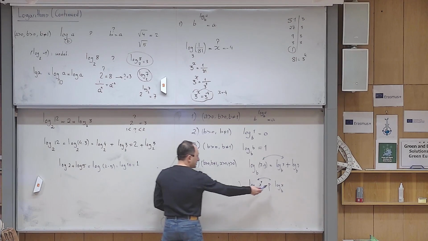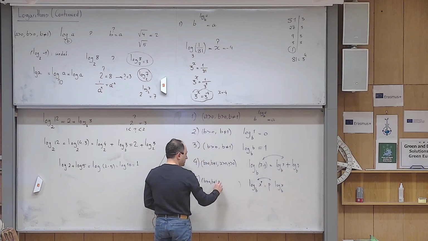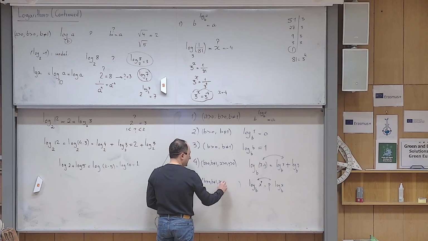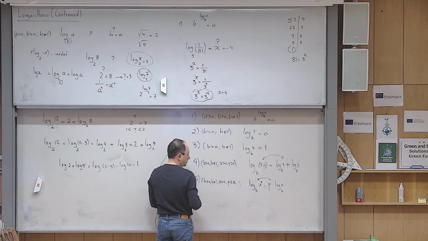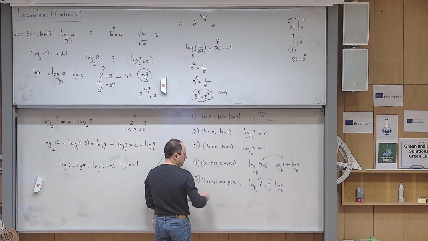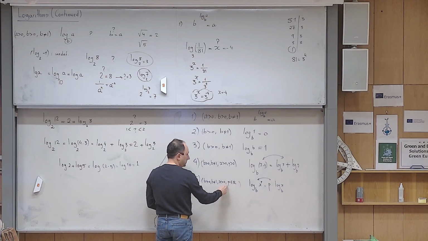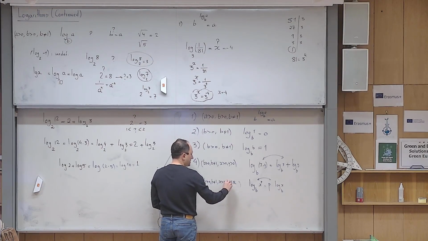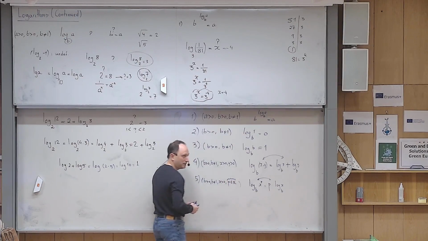And then x appears in front of the log, so x should be positive. And p is any number that you like. This symbol is a Greek letter called epsilon. p epsilon R means p belongs to the set of real numbers. This is a short way of saying p is a real number.